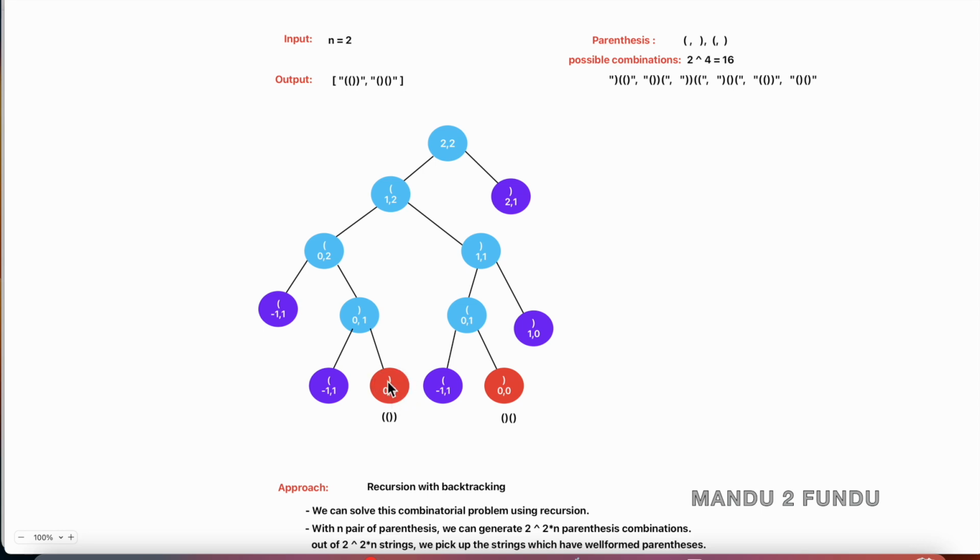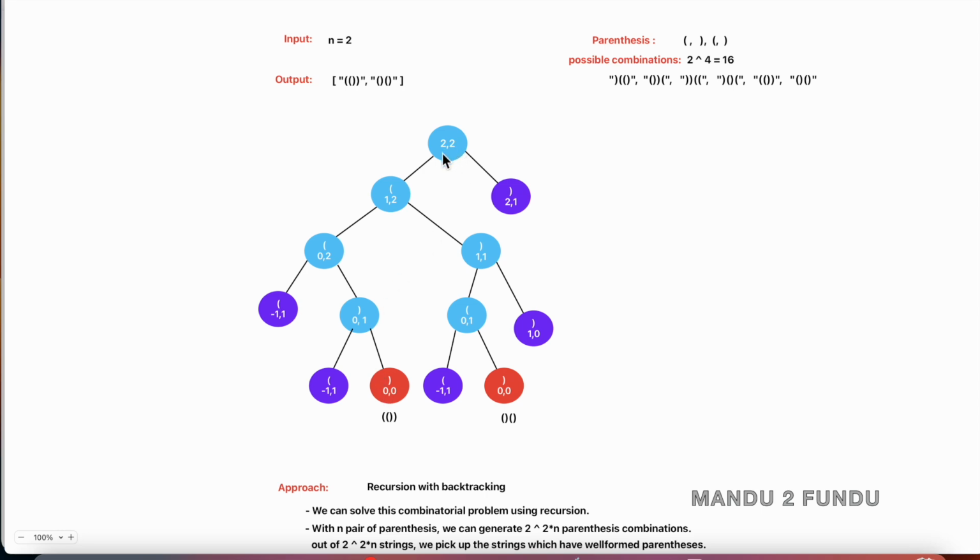In this case we have a valid, well-formed parenthesis. So open parenthesis, followed by the close parenthesis, close parenthesis. This is a valid string. So we include that in the output list.